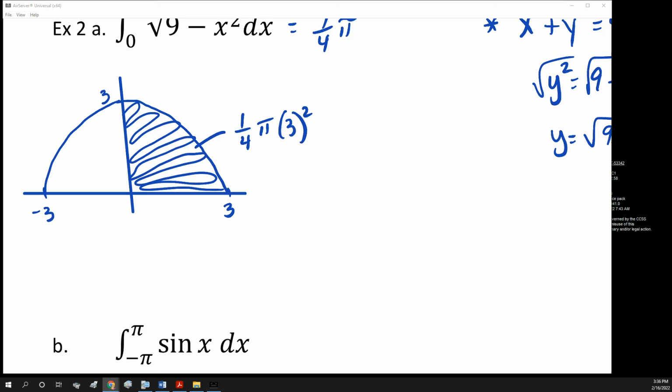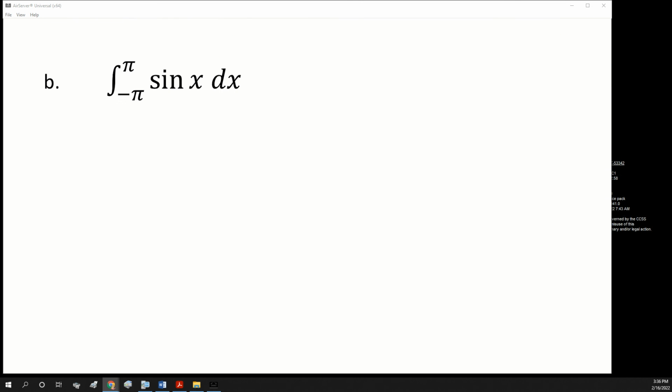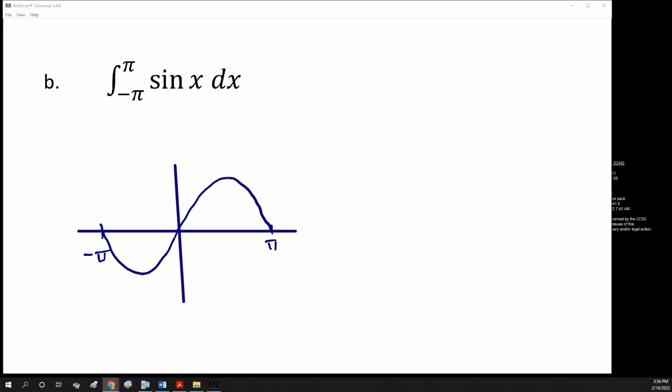Okay, and then for b, this is another one. We're doing all of these using geometry, so we're going to need to know the graphs of all of these. And so we want the sine curve from negative pi to pi. And so what happens on this is it does this, and it keeps repeating that pattern.